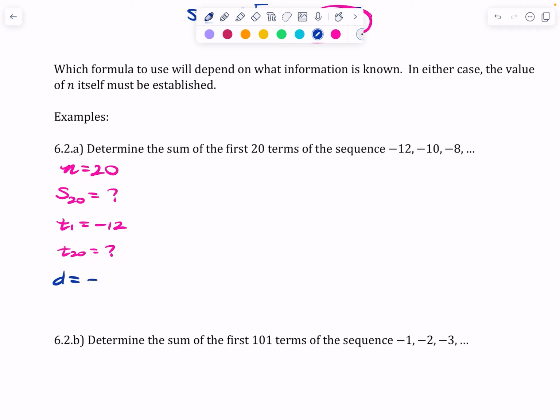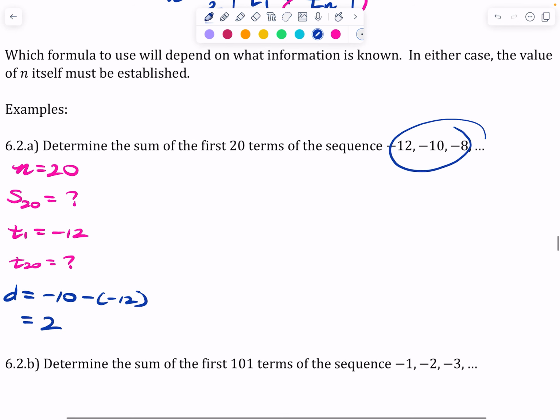The difference is negative 10 minus negative 12. Remember, taking any term and subtracting the term before it. And that tells us that the difference is positive 2. And we can see that evidenced here. To go from one term to the next, we keep adding 2. So it's backed up by what we see.